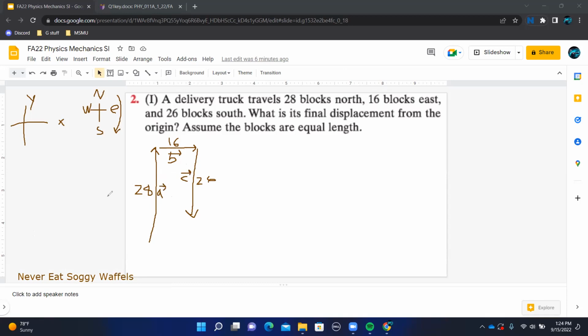Your magnitude is the number of blocks, and your direction is whether it's north, south, east, west, etc. For our X, we only really have one, vector B. In our Y direction, we have vector A and vector C.